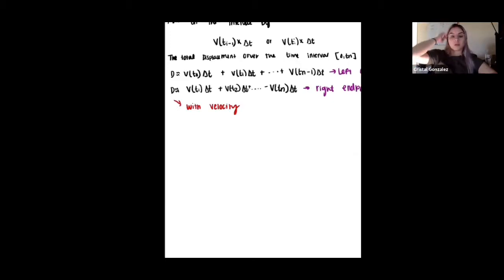And you'll see in your book that you can use this formula many different ways depending on the word problem. And so with velocity, I want you to use the absolute value of v of ti, so that we make sure that at that specific time, our velocity is positive, okay? So that we can find that distance. Because if we get negative, then we might be taking away that distance, and we don't want to do that. We want to keep positive.